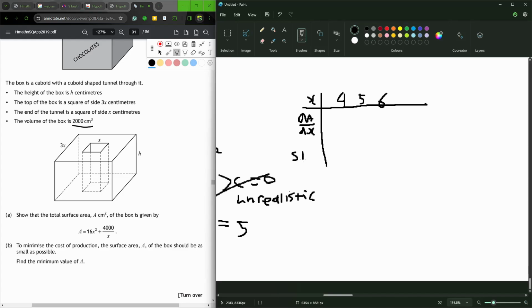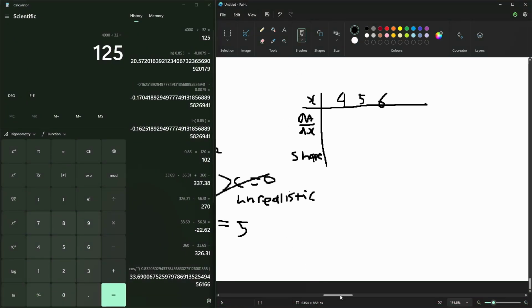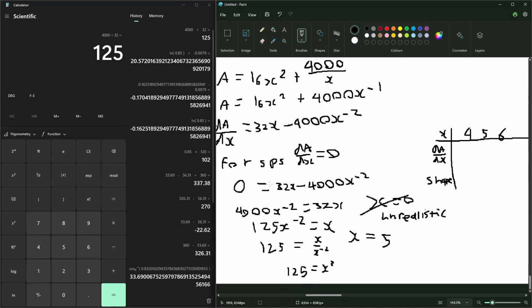And this is where we pull out the old calc. So this formula allows us to calculate it. So 32 times, we'll just double check with 5, minus 4,000 times 5 to the negative 2.